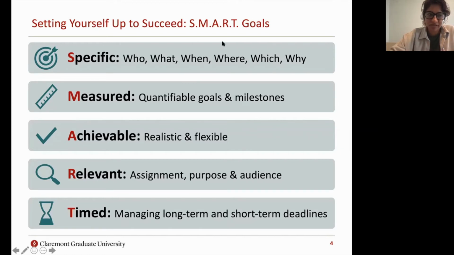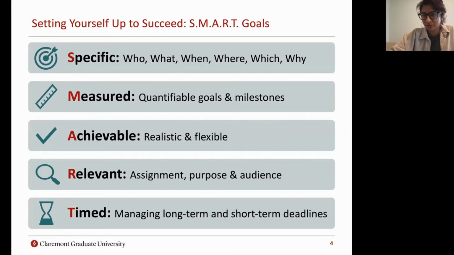So just to quickly go over what SMART stands for, and we'll be going into each one. You want to make sure that your goals and your system of setting goals and your writing plan are as specific as possible. So you're going to start with setting up your general objectives for completing whatever goal or assignment or project you're going to be working on.